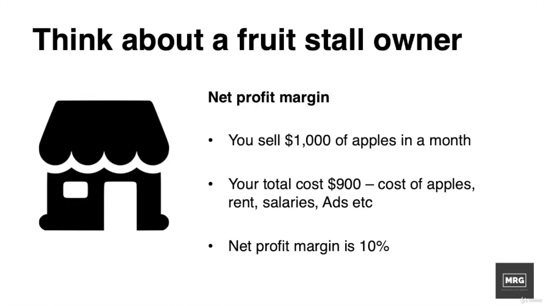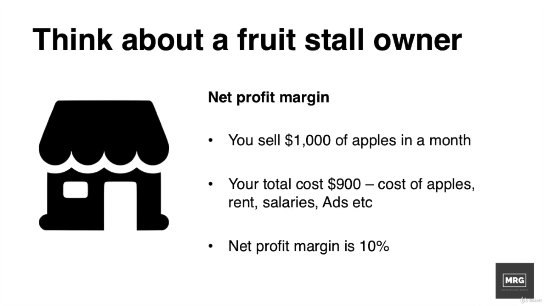In the example of a fruit store owner, to calculate net profit margin, let's assume that you sell $1,000 worth of apples in a month. That's your sales or revenue. Your total cost for the month is $900. This includes the cost of apples, rent, salaries, and ads. So your net profit would be 1,000 minus 900, which is $100.